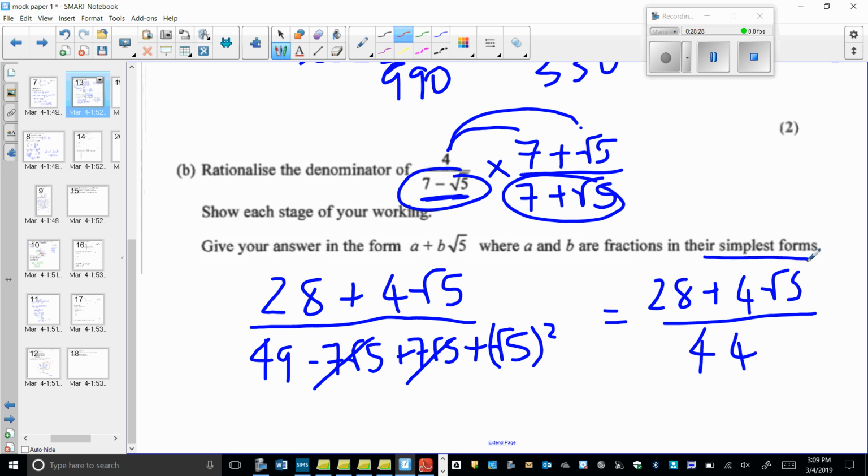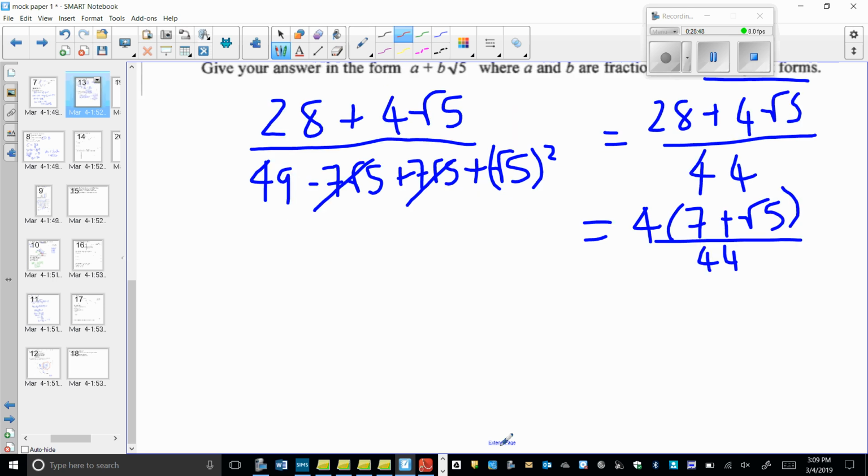You want its simplest form, and I can see I've got 28, a 4, and 44, so I know at least that they are all even, but more than that, I know that 4 goes into everything. So if I factorize the top, I would have 4 times 7 plus root 5 over 44, because both 28 and 4 can be divided by 4.